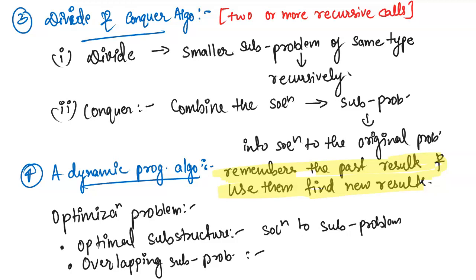Now let us see the fifth one, the greedy algorithm. An optimization problem is one in which you want to find not just a solution but the best solution. A greedy algorithm sometimes works well for an optimization problem. A greedy algorithm works in phases.